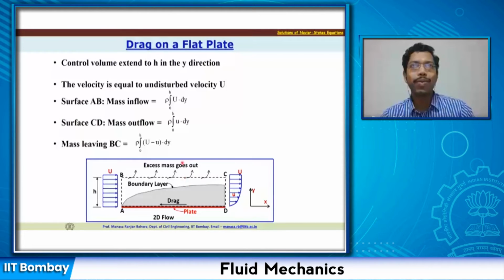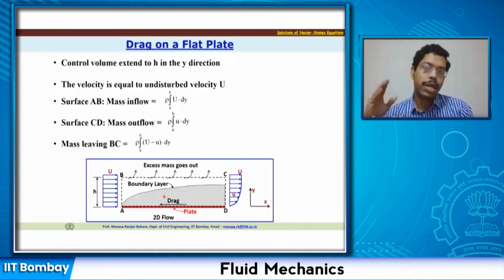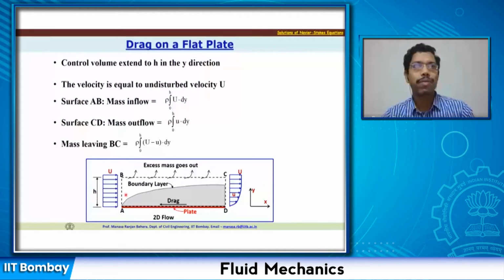So du by dy is going to be 0, so shear stress is 0. That means the force that is actually being exerted on the plate is due to the boundary layer, and that we did not consider in our linear momentum principle, but still we could solve it applying the concept because we are trying to understand the flux coming in and flux going out.